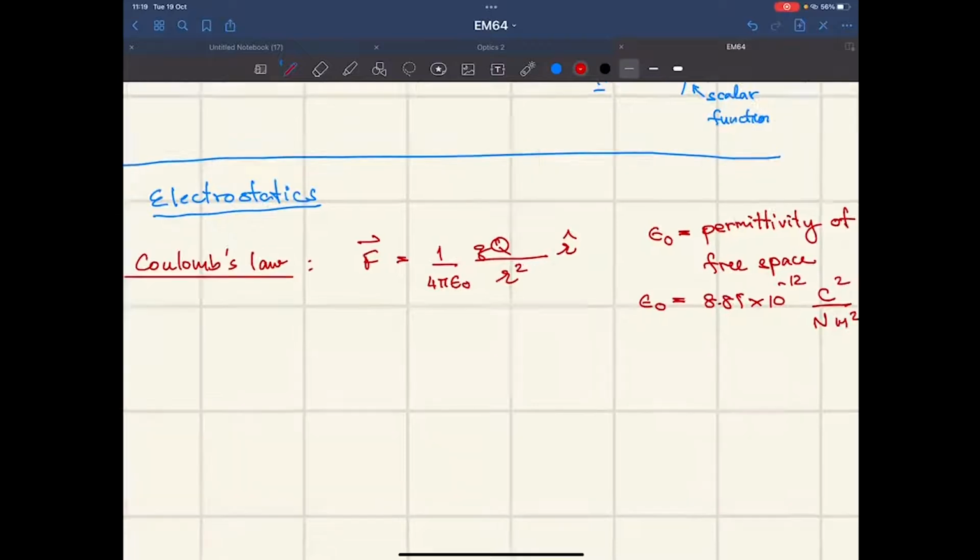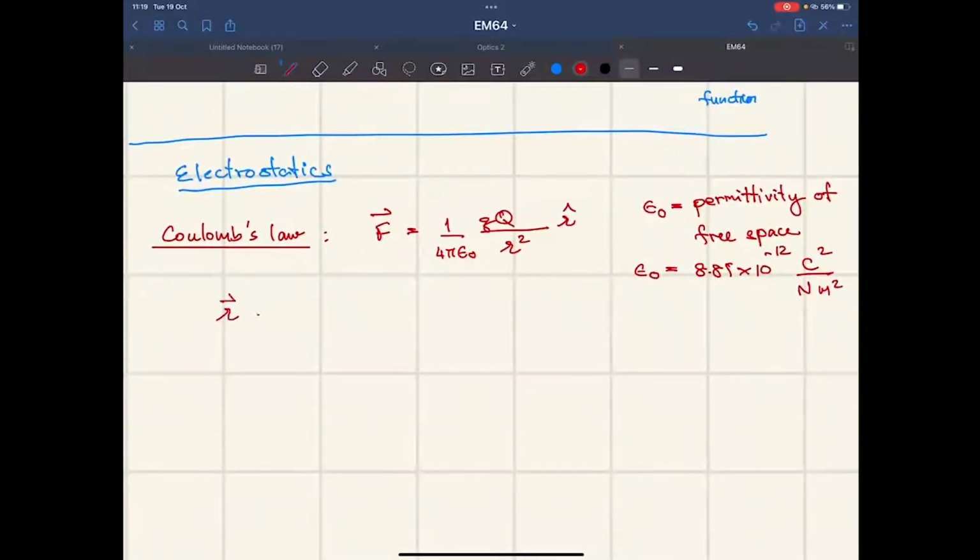Any questions? And what is R here? R is r minus r prime.